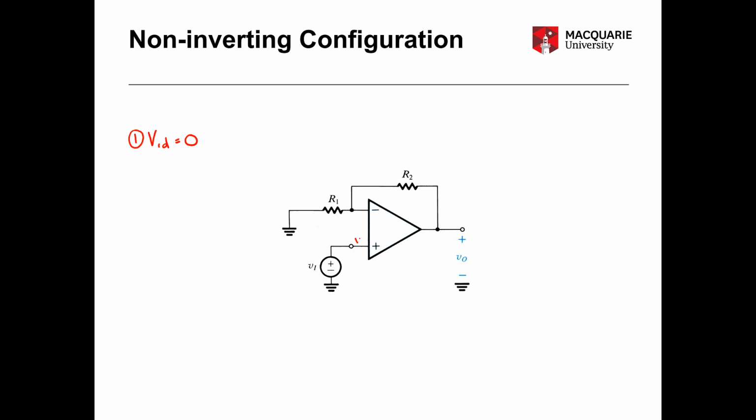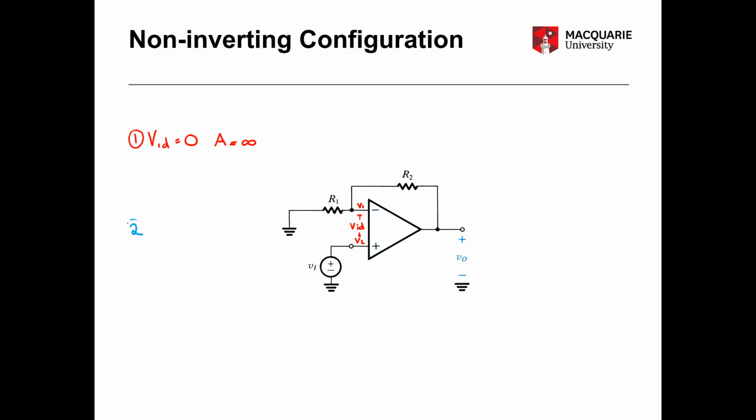So here we have V2, V1, and the difference between these is VID. We showed this in the inverting amplifier video, that if we assume our ideal amplifier with an open loop gain equal to infinity, then that will force our inputs to be matched, and therefore the difference, VID, is equal to 0.